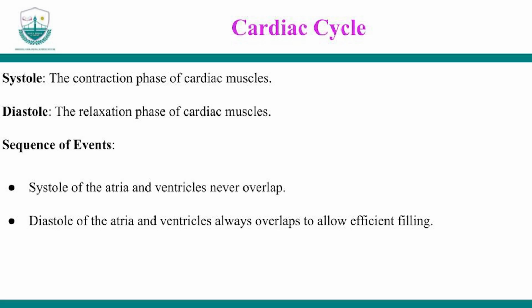Okay, so the main events are that at one point you have contraction of the atria, and then at another point you will have contraction of the ventricle. So that means that you cannot have contraction at the atria and contraction at the ventricle at the same time.